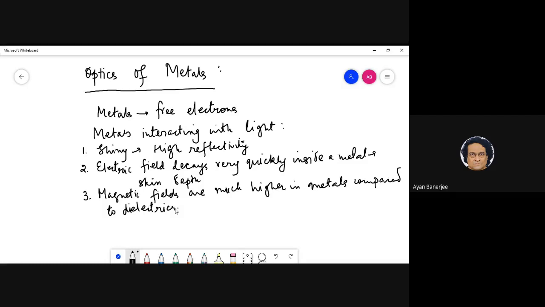And why is this? This is a consequence of which equation? The magnetic field being large because the electric field decays in a very, very small spatial region. Which equation? If the electric field decays over a very small spatial range, then why is the magnetic field large?